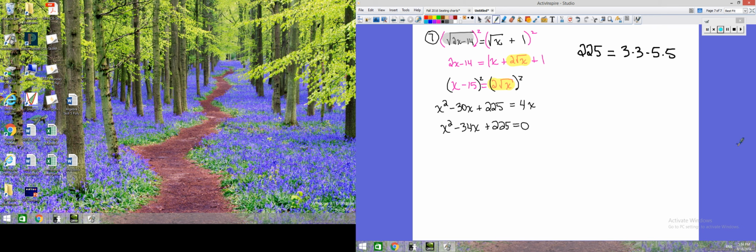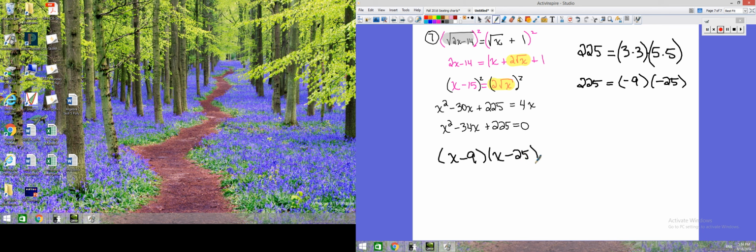So I need to figure out how I can do this and get a sum of 34. Well, if I take a negative 9 times a negative 25, the product will be the positive 225 that I wanted, but when you add these together, you'll get the negative 34. So we stumbled upon it. There it is. So (x minus 9)(x minus 25).